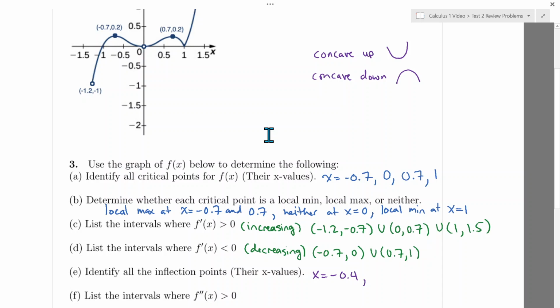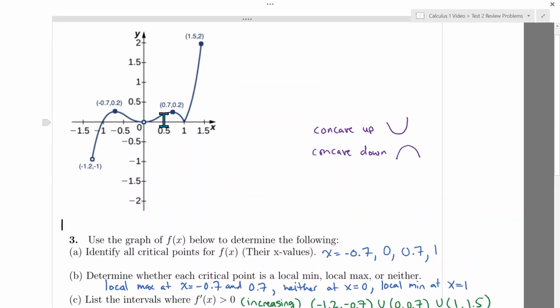And then similarly, this middle portion here is the concave up shape, but here we have a concave down shape, so it changes somewhere in the middle, so around positive 0.4. And then this is a concave down shape, whereas this portion is a concave up shape.